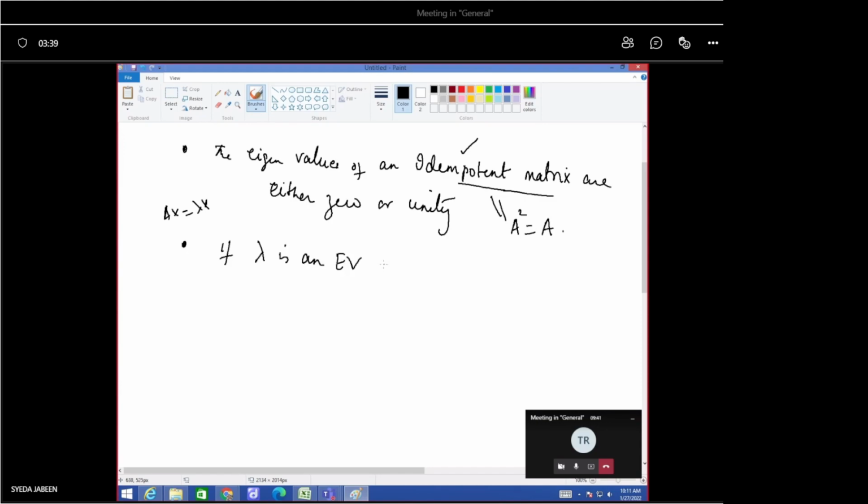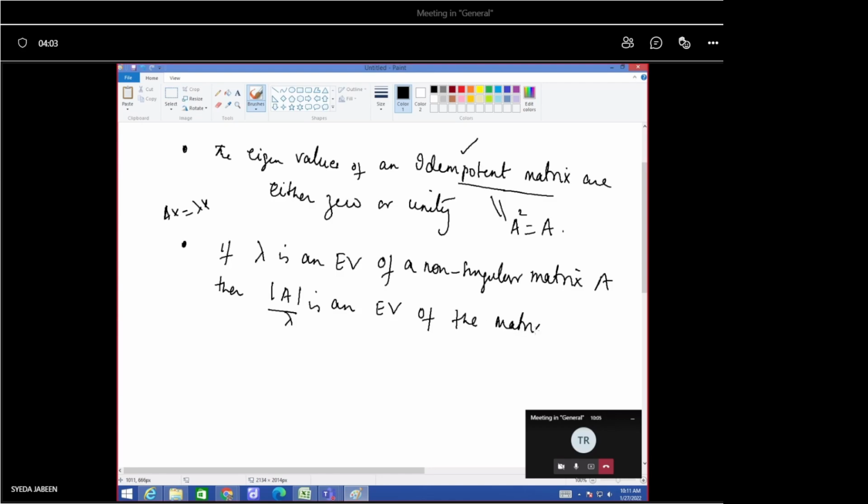And if lambda is an eigenvalue of A, then there is a corresponding eigenvalue of the adjoint of A. So these are the cases.